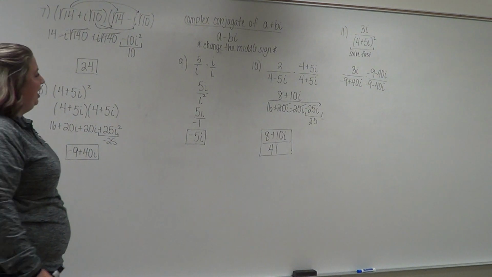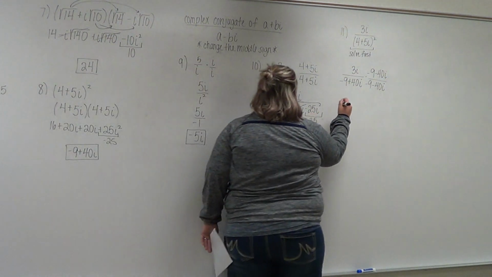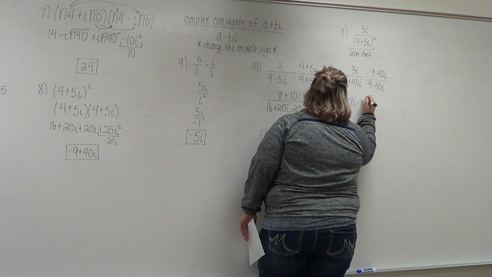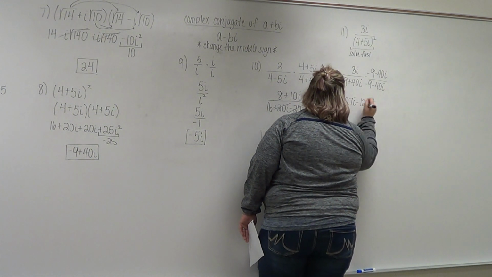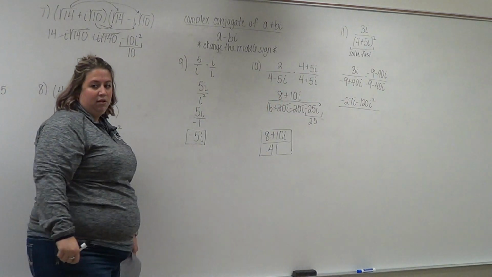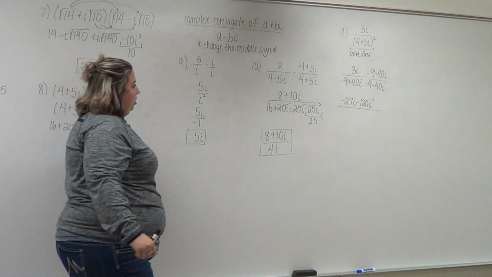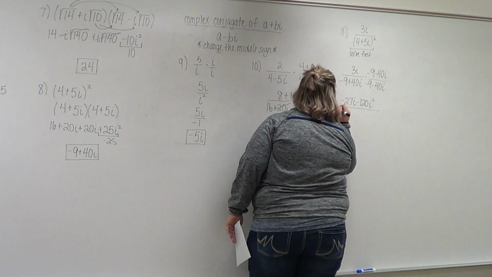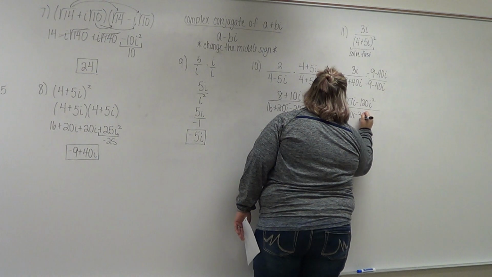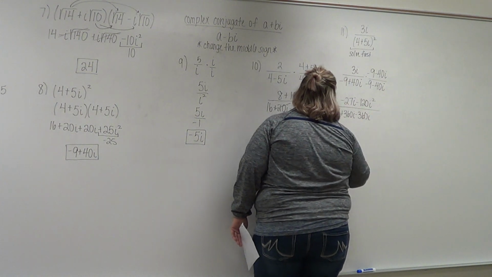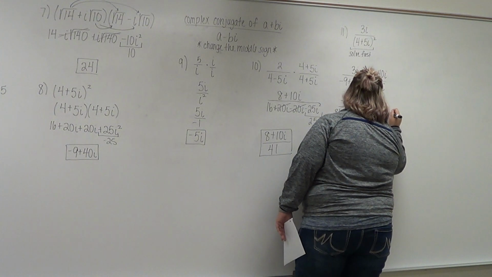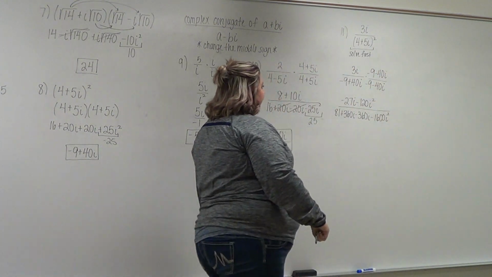So if I multiply this, this would be negative 27i minus 120i squared on top, over 81 plus 360i minus 360i minus 1,600i squared.